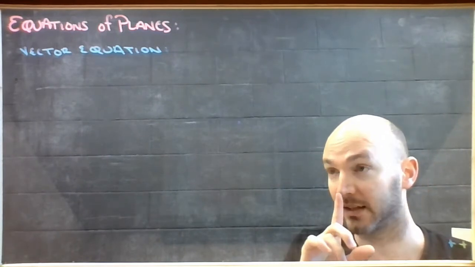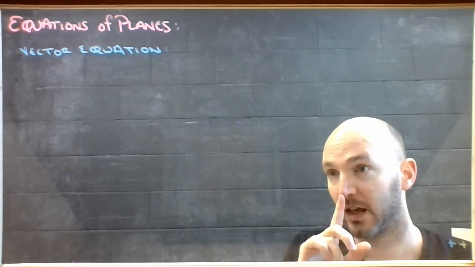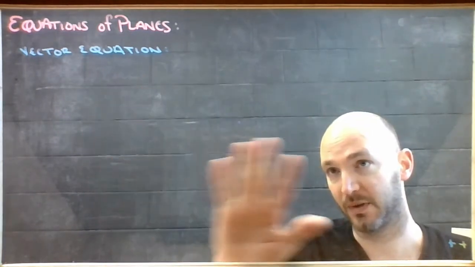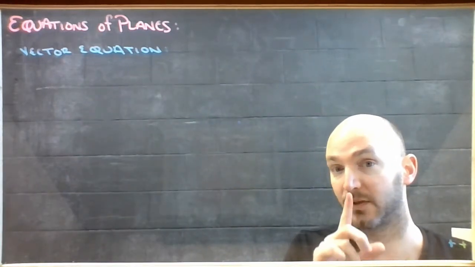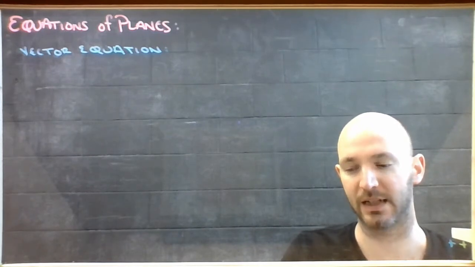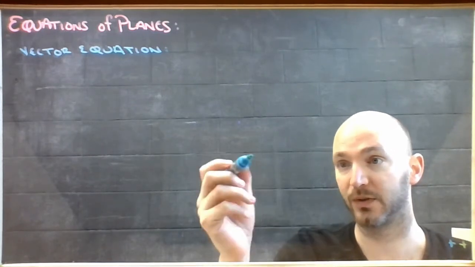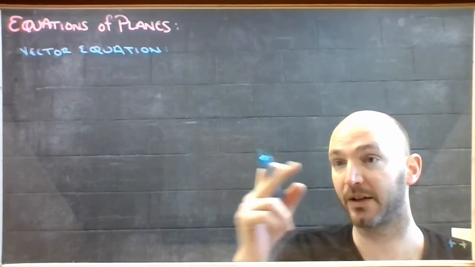If I do that, this is the origin, and I'm trying to describe this plastic surface as a plane relative to where my nose is, the first thing I need to do is get from my nose to the plane. So there's some vector from my nose to here.